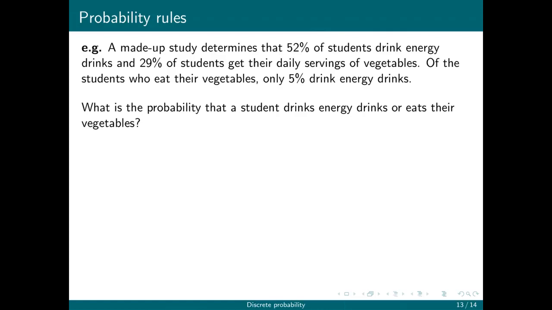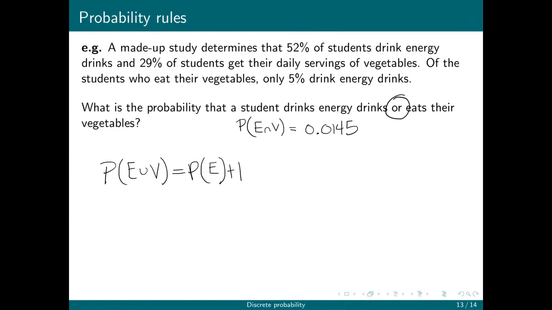What is the probability that a student drinks energy drinks or eats their vegetables? So let's remember what we just wrote down. We just wrote down that P of E and V is 0.0145. So when we see the word or here, we know we're going to use the addition rule. P of E or V equals P of E plus P of V minus P of E and V. So we just substitute the values that we know.